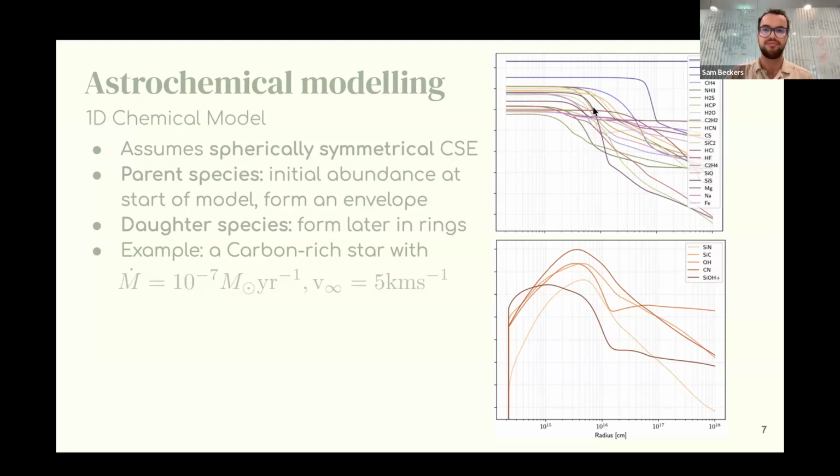So they form from these parent molecules breaking up, and eventually everything is destroyed and it goes out into the ISM. For example, this was for a carbon-rich star. This is in 1D, so there's also no time evolution, and we wanted to do this in 3D.